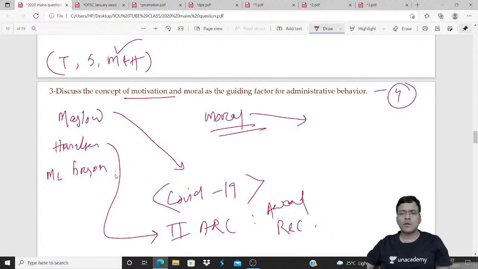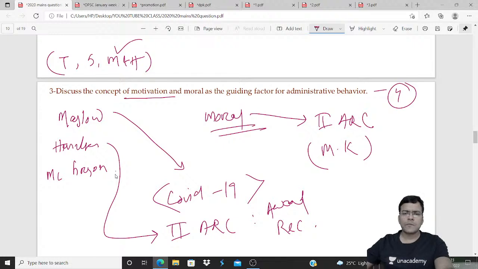Yes, this is very important. To increase morale of employees, we can add second ARC's many recommendations, Mission Karmayogi. Okay, role of JCM.